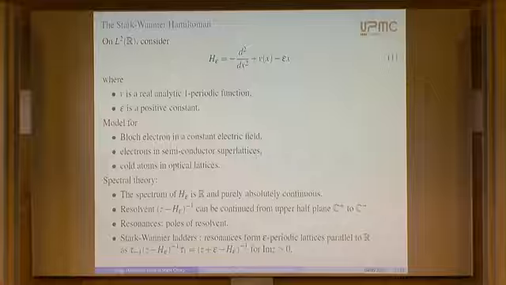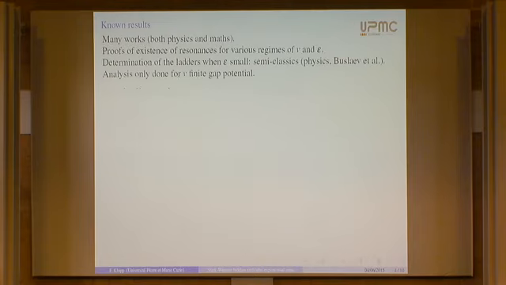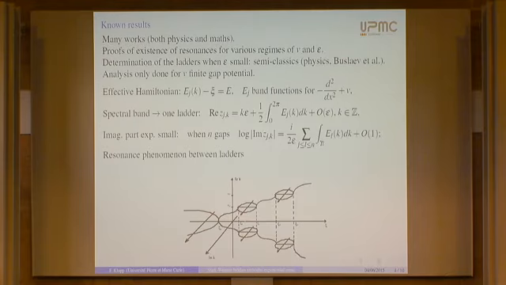I didn't think about that. For example, the semi-classics uses Bloch-Floquet theory. So in the quasi-periodic case, this is not going to survive, and I don't know what to replace it with. So I'm not sure whether you should expect this kind of semi-classics to stay true.